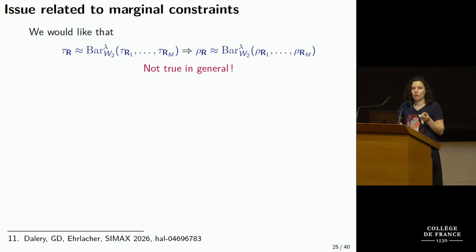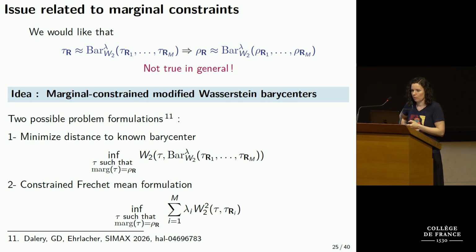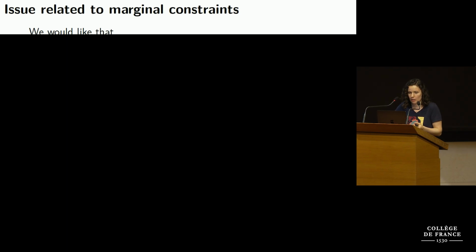But then we would also like the corresponding density to match, so that the corresponding density is also a Wasserstein barycenter between the corresponding densities. And the problem is that this is not true in general. It took us a while to understand this, and it was quite a surprise, but it's not true. The Wasserstein barycenters don't preserve marginals.